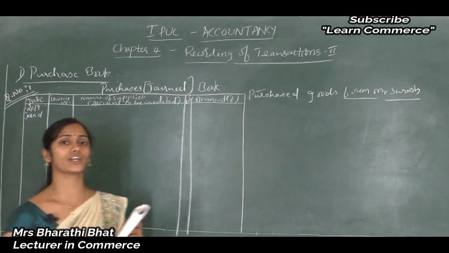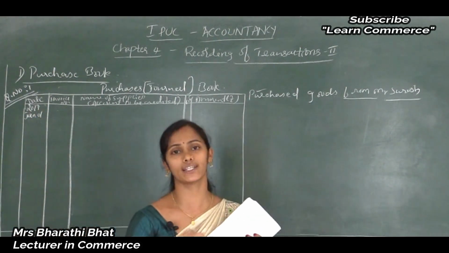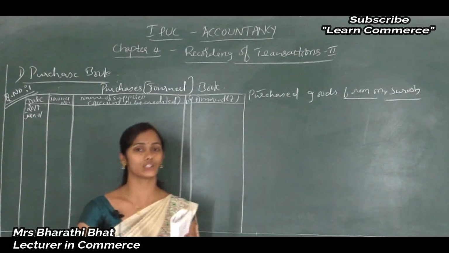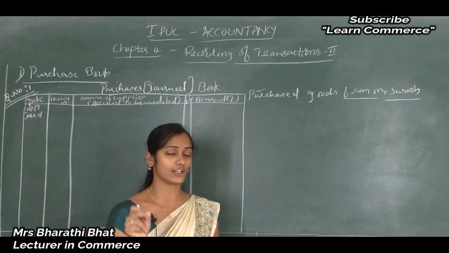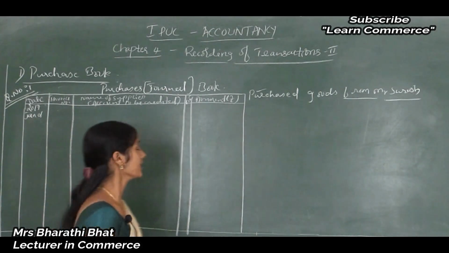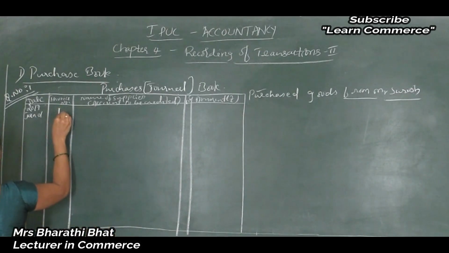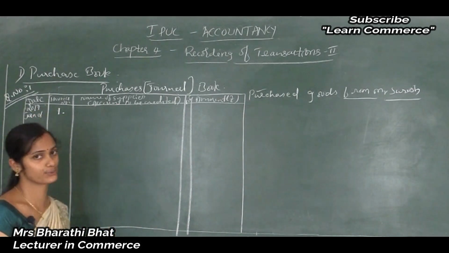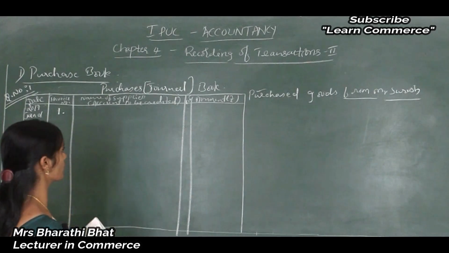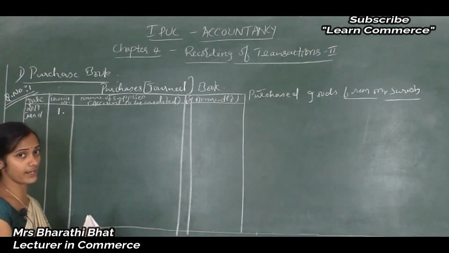Here the invoice number is not given. I told you that if the invoice number is not given, then we have to write the serial number 1, 2, 3 like that. So first one, purchased goods from Suresh.